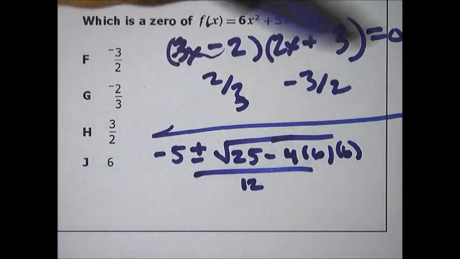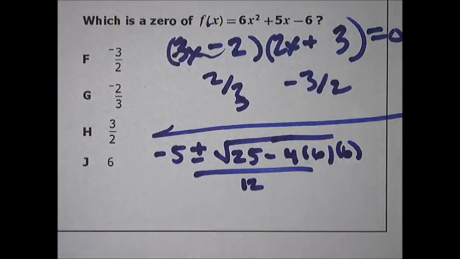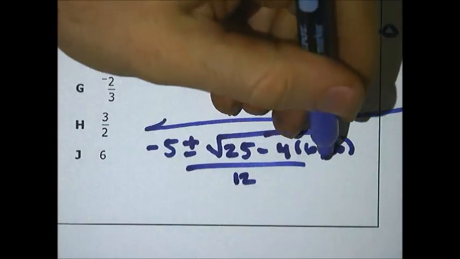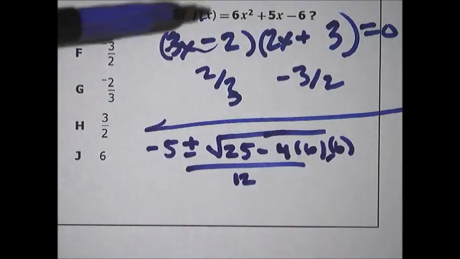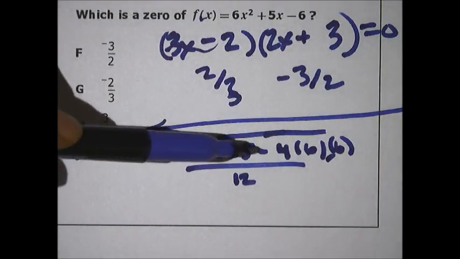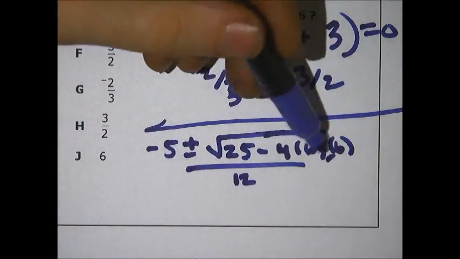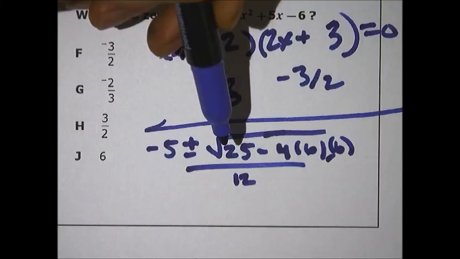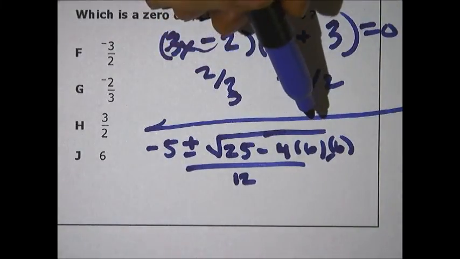So we're going to say, what do we have here? -5 plus or minus, -6 at the end here. 25 minus 6 times 6 is 36. And what? 36 times 4 is 144. How many minuses do we have underneath? Minus minus makes a plus. So 25 plus 144 is 169.